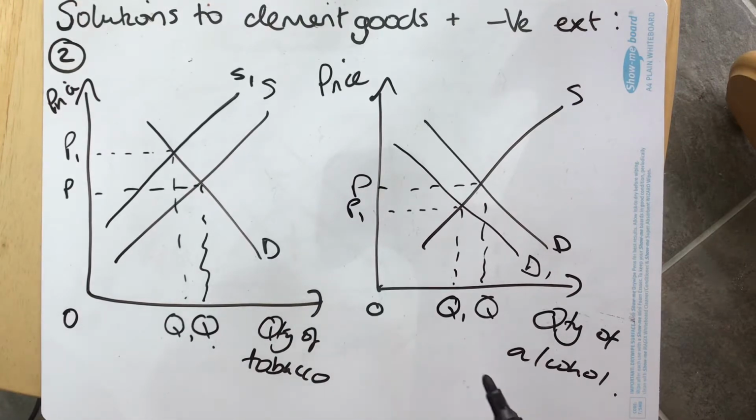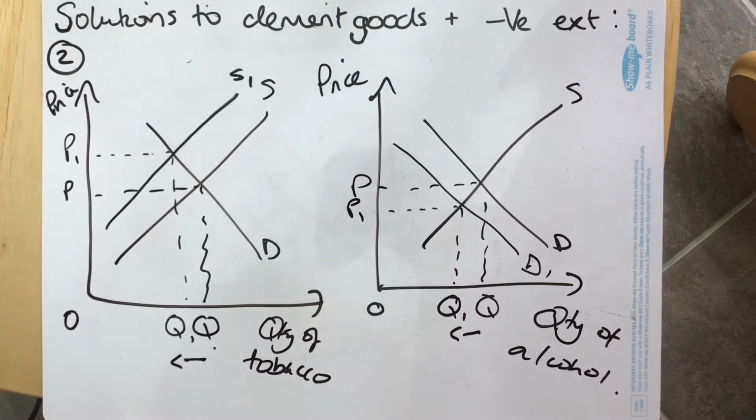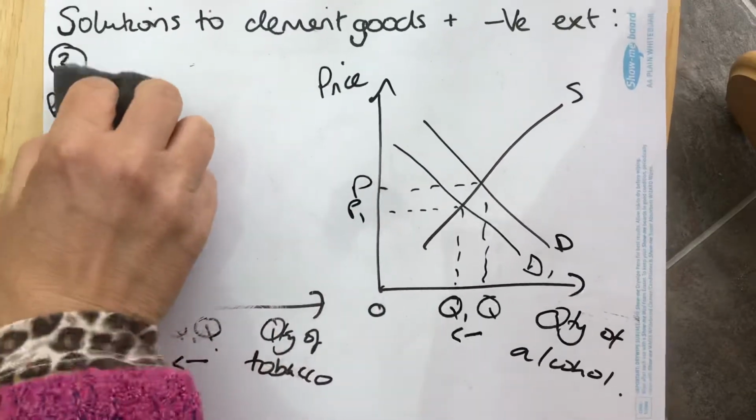So that again gets the desired result, that reduction in the quantity that is going to be consumed. So hopefully your diagrams look the same as that. Those are the diagrams for solution number two.